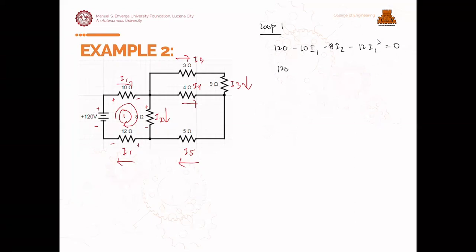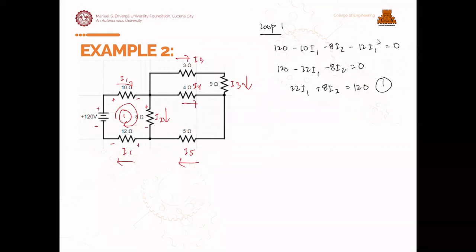So we have 120 minus, combining, 22I1 minus 8I2 is equal to 0. Transposing, we have 22I1 plus 8I2 is equal to 120. So this is our equation number 1.